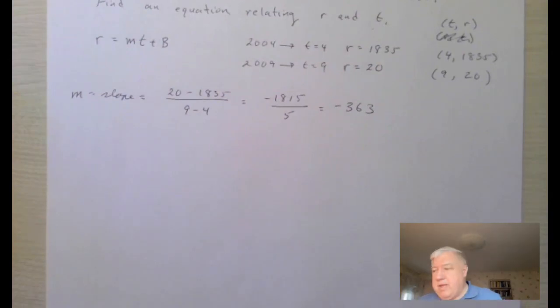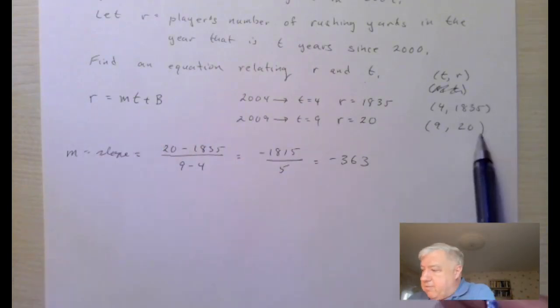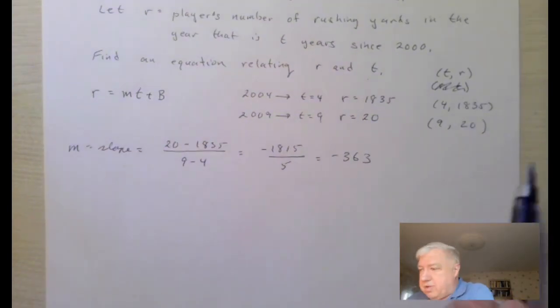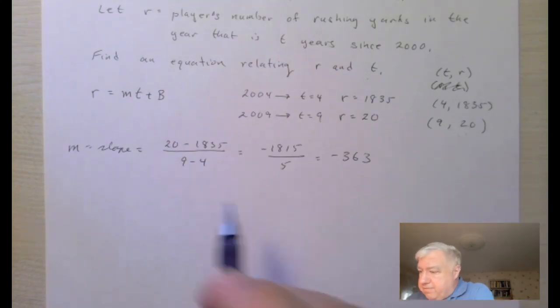Now to find B, we just plug one of these 2 values in for R and T. We'll choose this one because it has smaller numbers. So here R is 20 and T is 9.